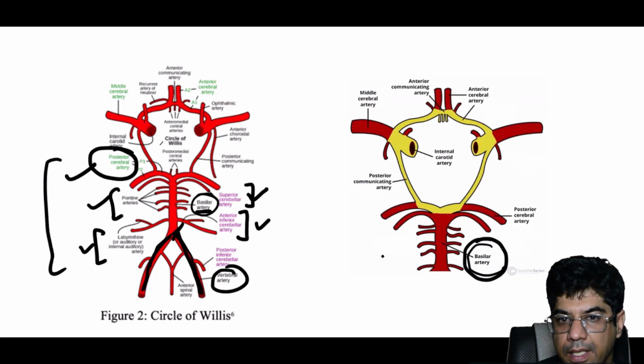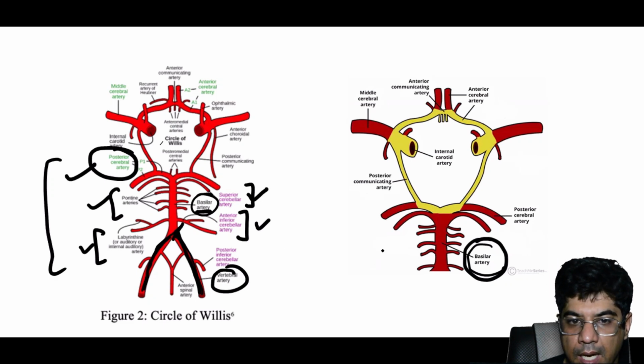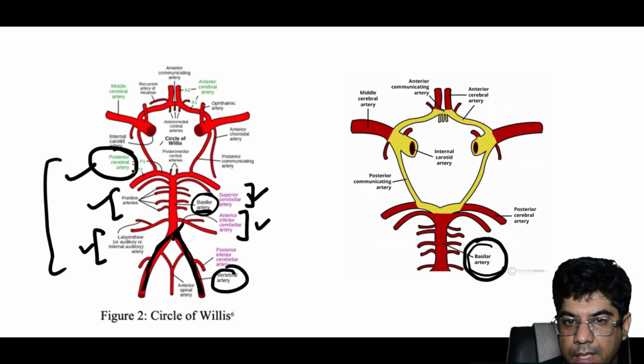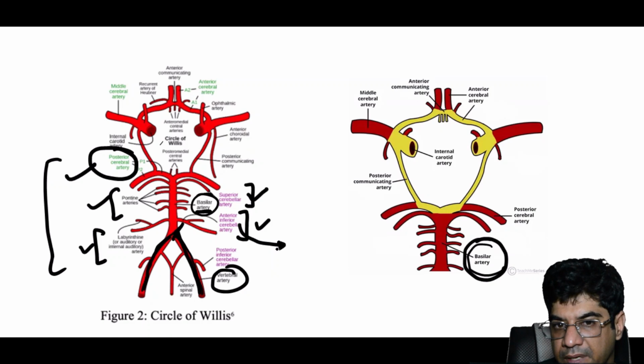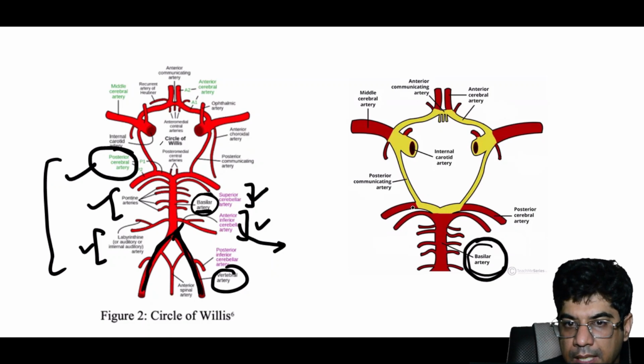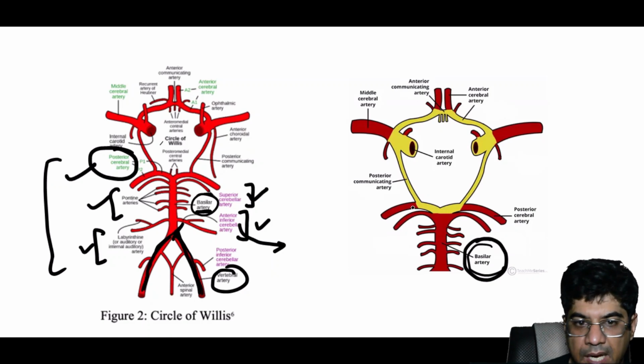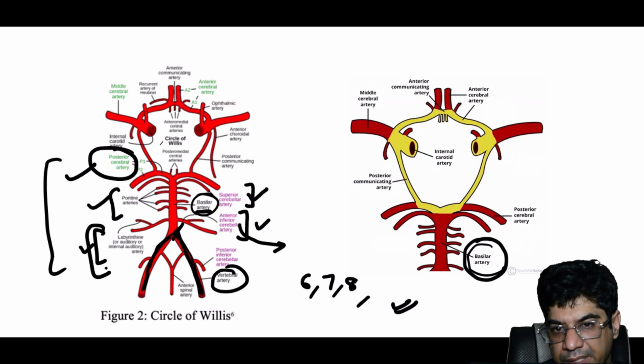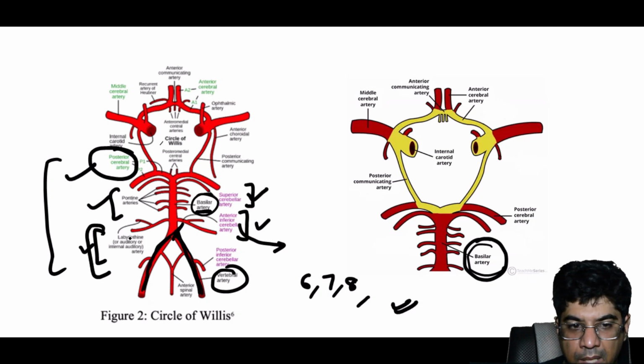The anterior inferior cerebellar artery arises at the lower border of the pons and supplies the 6th, 7th, 8th cranial nerves and the antero-inferior part of the cerebellum. The labyrinthine artery accompanies the vestibulocochlear nerve and supplies the internal ear.